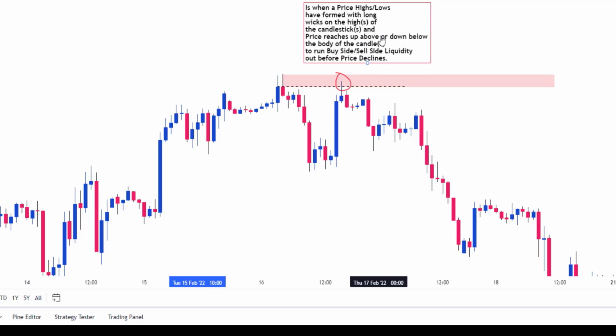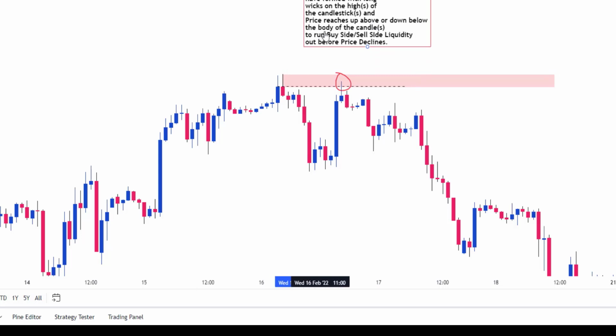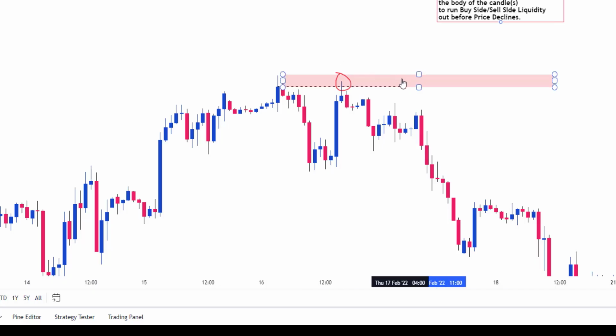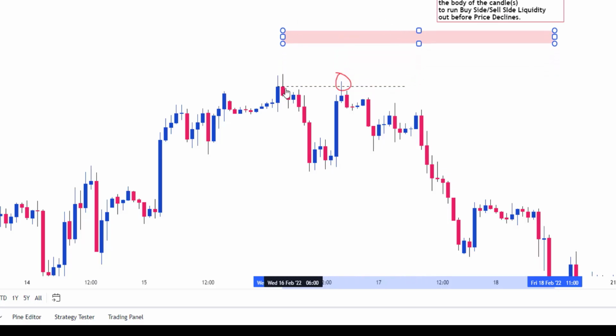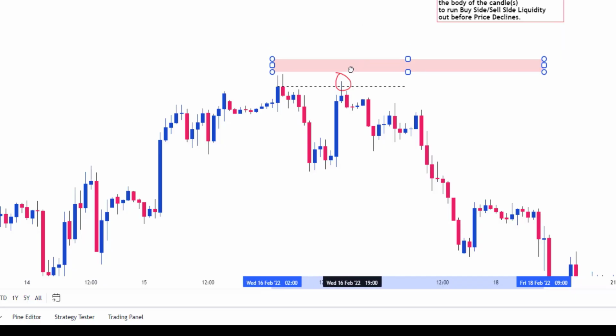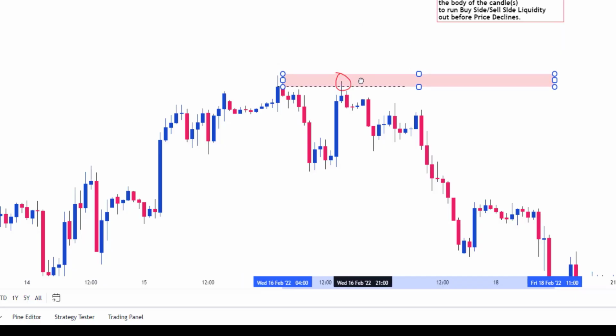Price reaches up above or down below the body of the candles, the body, not the wicks, to run buy side liquidity or sell side liquidity out before price declines. Now in ICT mentorship month 1, ICT actually said that liquidity starts from above the body, all this wick. You can actually see here, above the body and above.